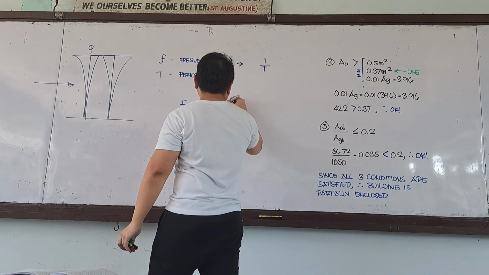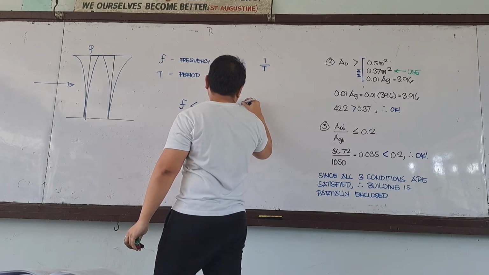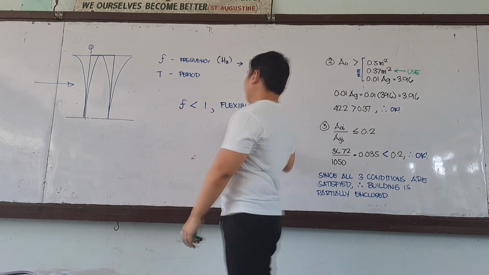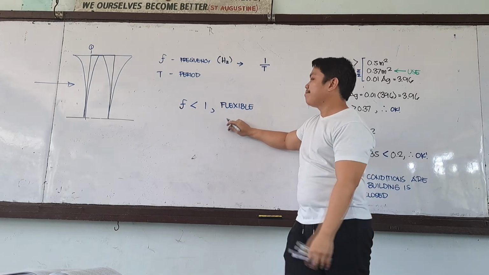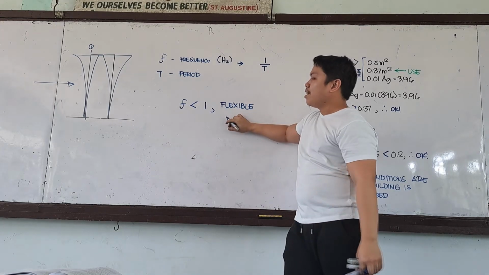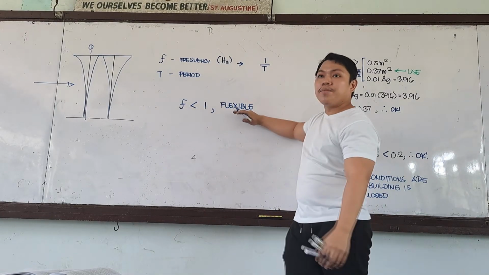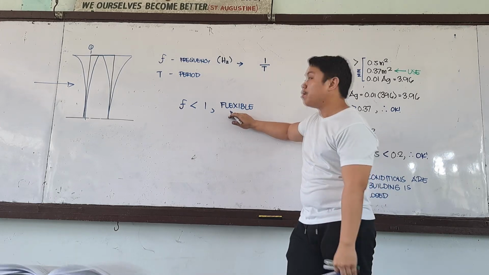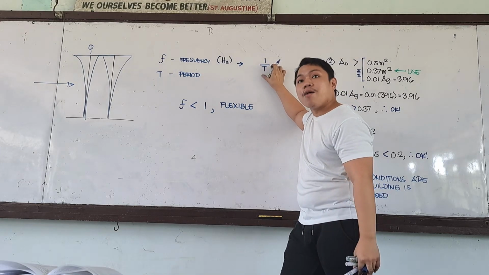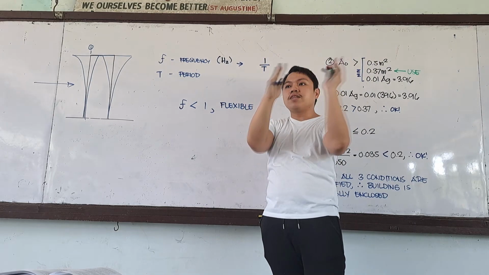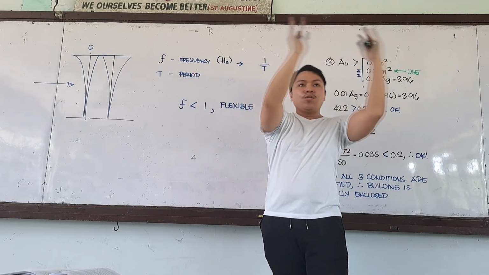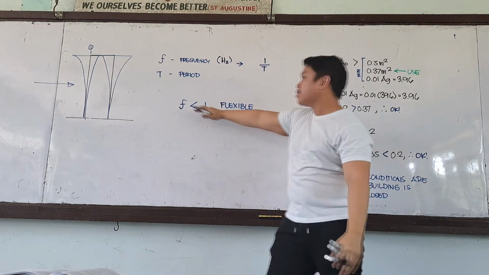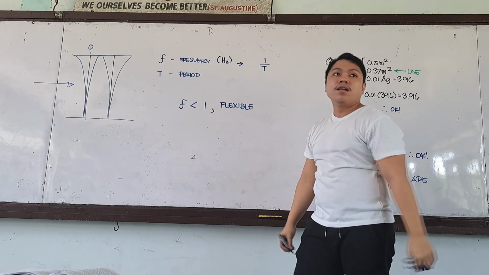Correct. As defined by the code, if the frequency is less than 1, the building is flexible. For what reason? Its period is long. If the building sways, if it is slender, it sways for a long time. So it will take a longer time. Thus, less than 1 will be a flexible building.